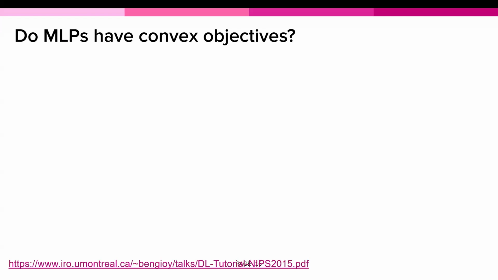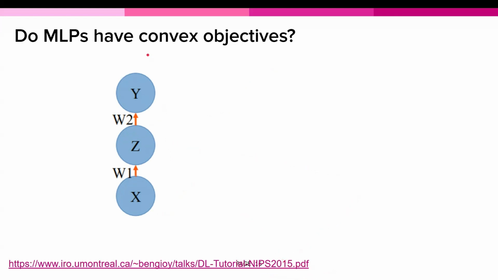And so Yoshua Bengio, who is a significant figure in the deep learning community, actually explored this question with the simplest possible network setup in a workshop at NeurIPS 2015.